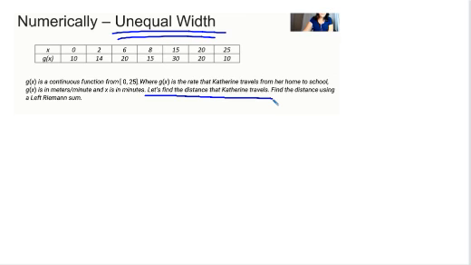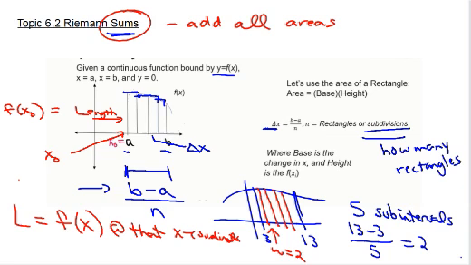So we're doing this using, here's the word, left Riemann sum. Let's go back to our picture from the first slide. When we talk about using a left Riemann sum, we are using the length from the left edge of the rectangle.